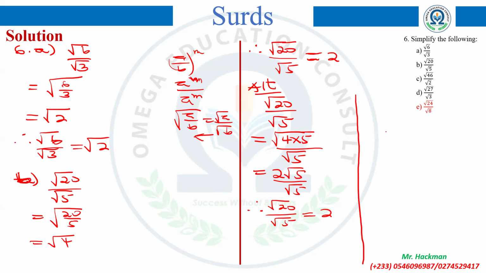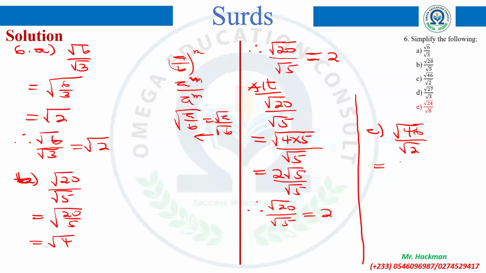Okay, so now I have C. What do we have? Root of 46 over root of 2. I'm going the usual route, but ordinarily, if you can reduce, you reduce before you deal with it.